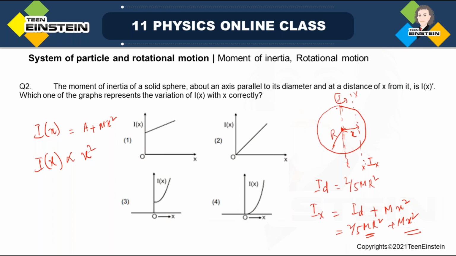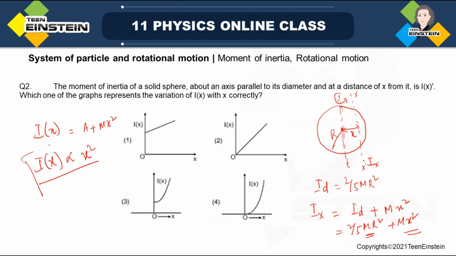So the moment of inertia about an axis parallel to the diameter of the sphere is Ix, equal to 2 by 5 m R square plus m x square, where 2 by 5 m R square can be taken as a constant term.